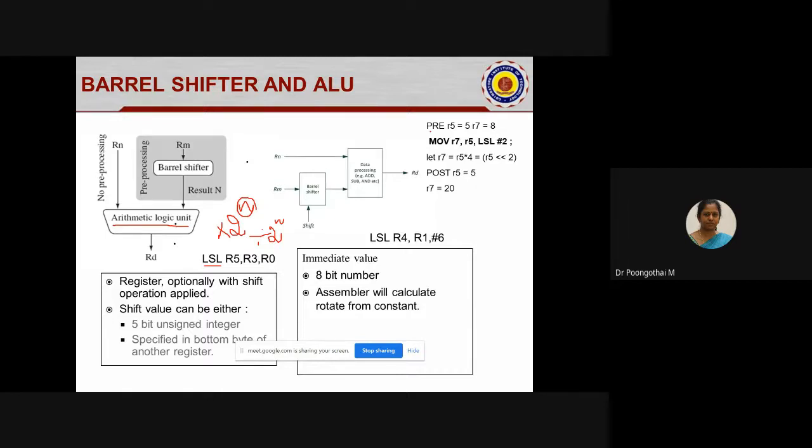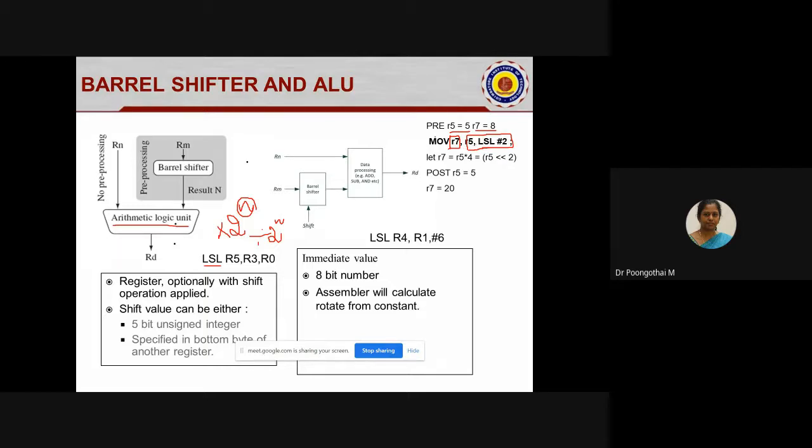Before execution, your R5 holds 5 and R7 holds 8. I am going to perform this logical shift left by this immediate value, that is hash 2. This is one of the operands, and this is your destination operand.